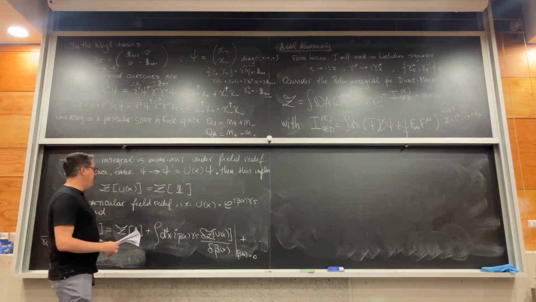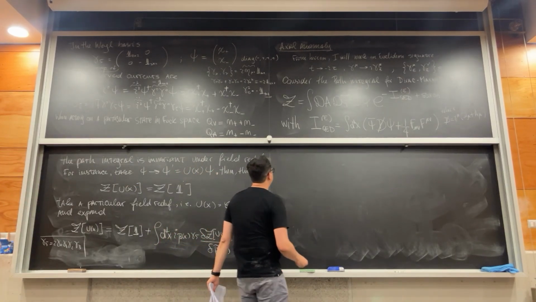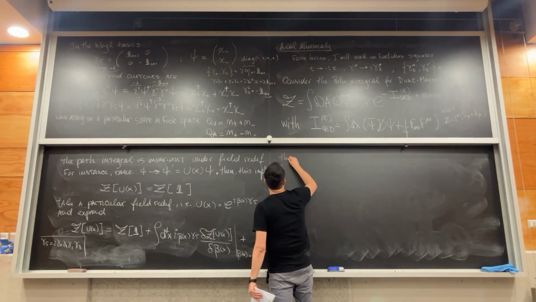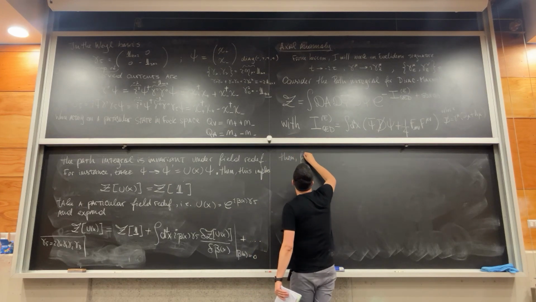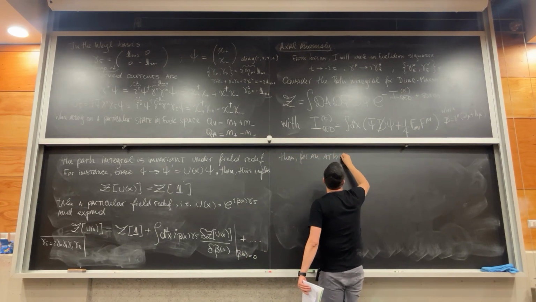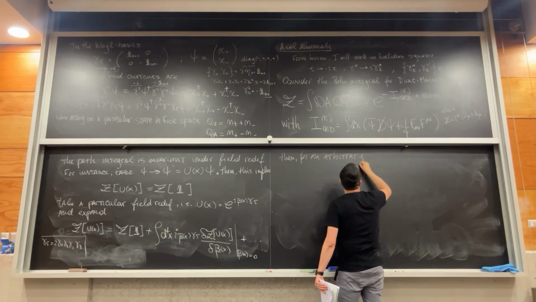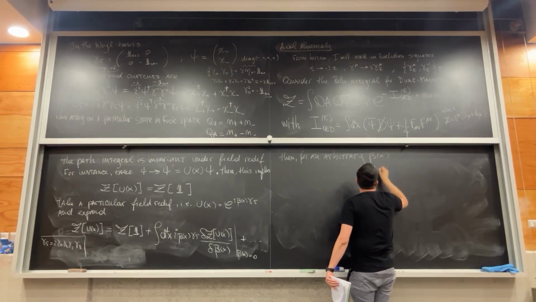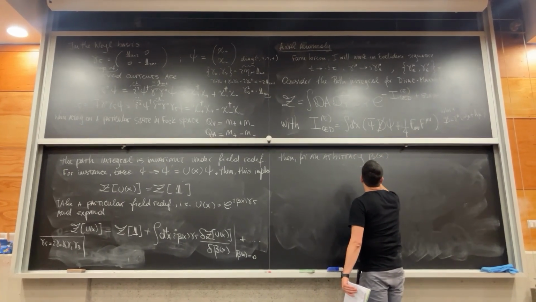And so what we learn from here is that, for an arbitrary beta, we have this relation.